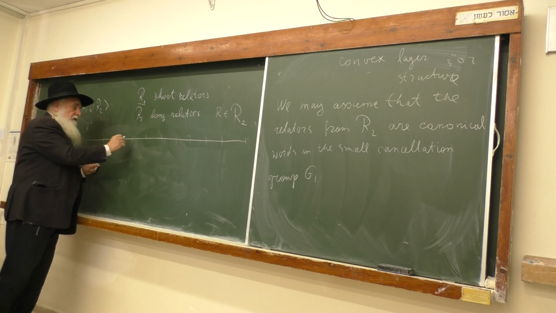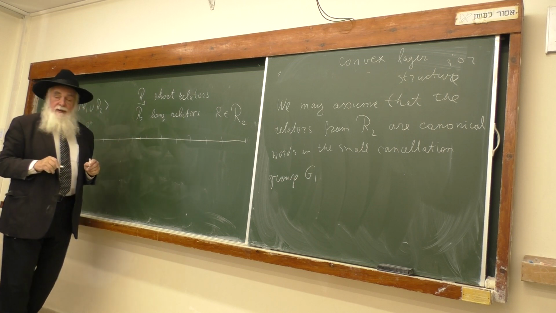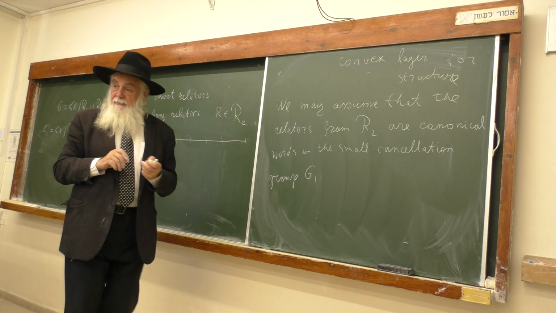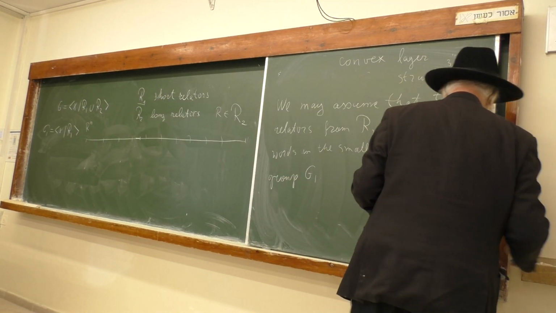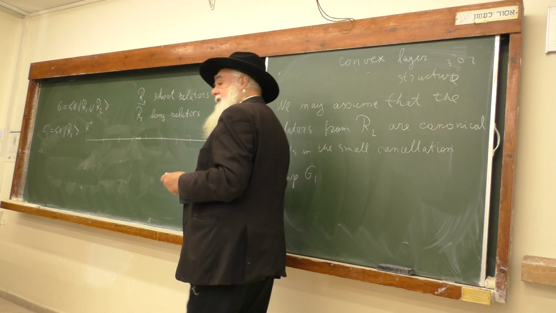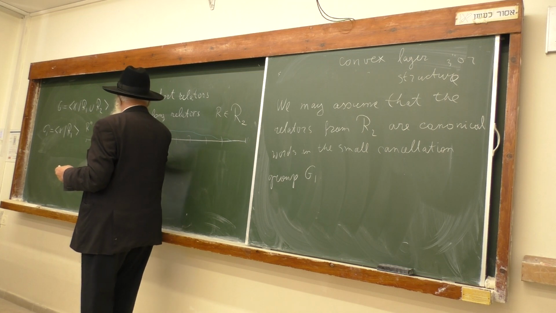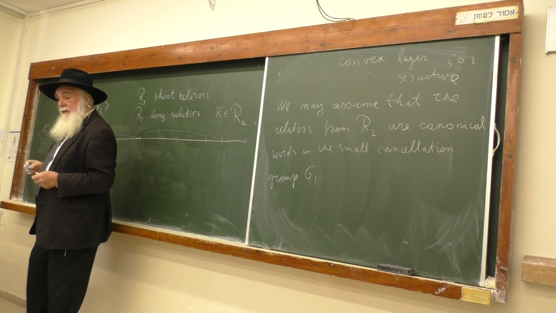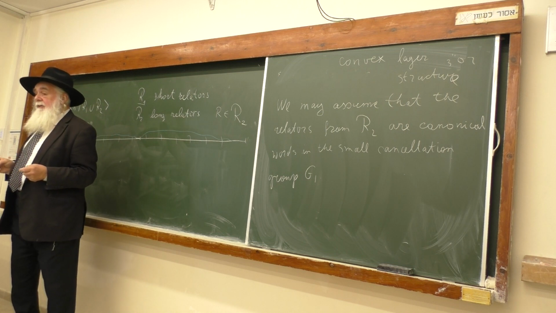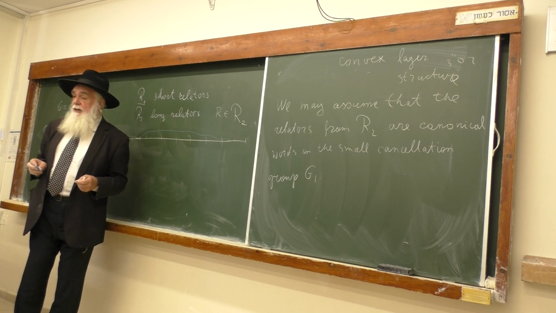So if this belongs to the certified form, it means that there is a witness, maybe another word, different, but presenting the same element in G1, and with certain assumptions on its chart.